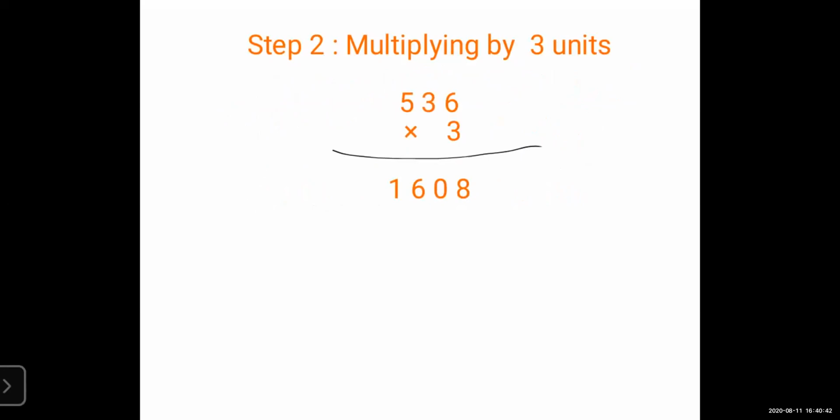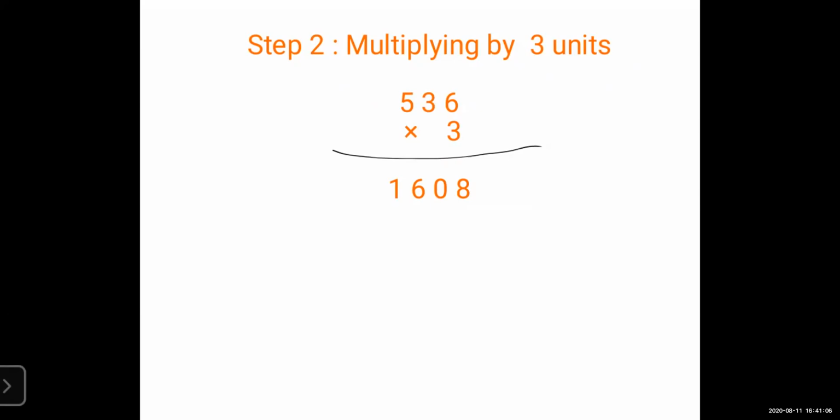Step 2. Once you arrange the example in vertical method or column method, you have to follow the next step, that is multiplying by units. Yes, so step 2 is multiplying by 3 units. As we have seen before, both numbers have three digits.